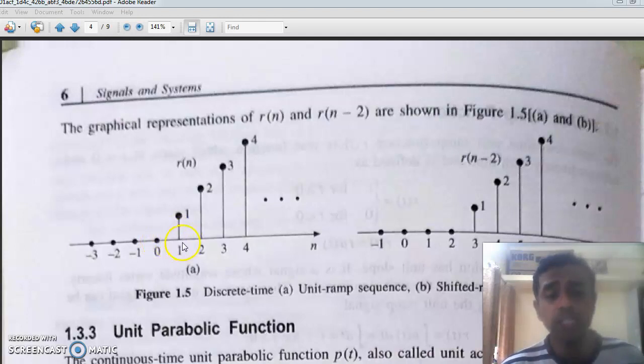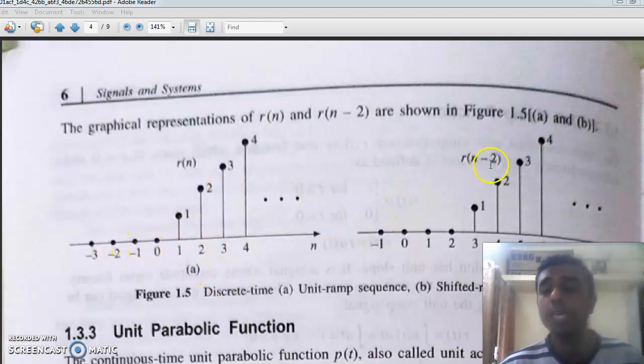But by definition, the signal r of n starts at n equal to 0. At n equal to 0 the value is 0, at n equal to 1 the value is 1, at n equal to 2 the value is 2, and it goes like that. So it is a perfectly right-sided sequence. For n greater than or equal to 0 there is a sequence, and for n less than 0 there is no value.